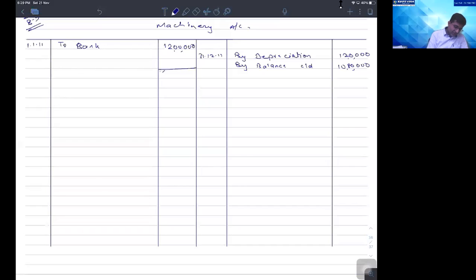Then on 1st of January 2012, to balance carried down, how much? 10,80,000. Now, even for 2012, the depreciation will be charged for the full year or not.